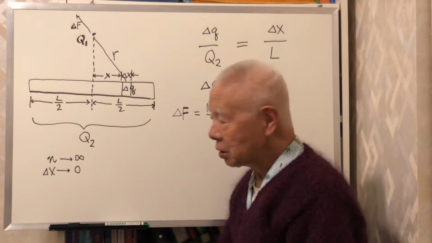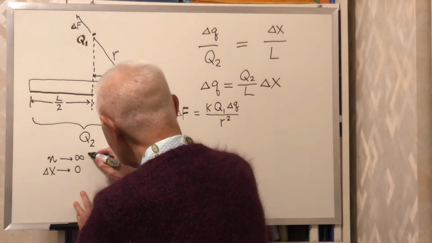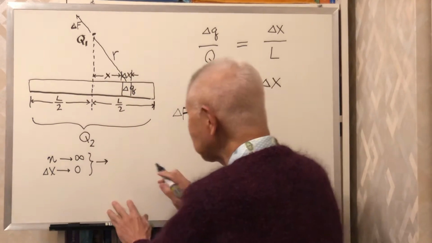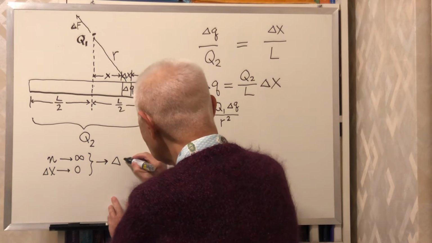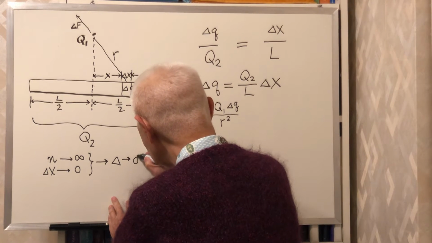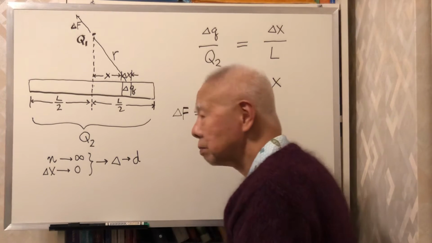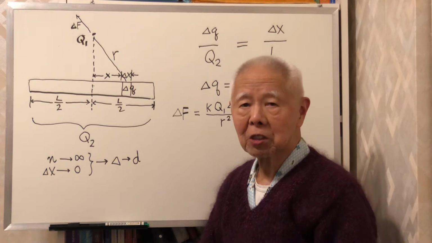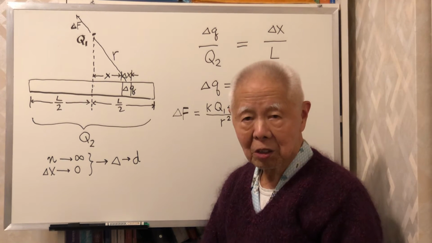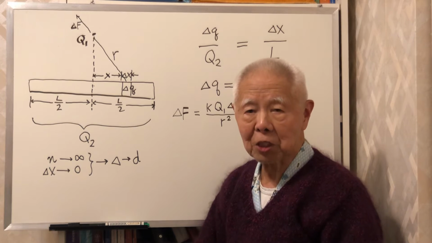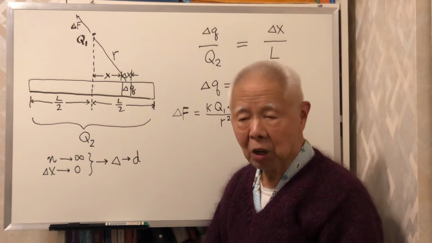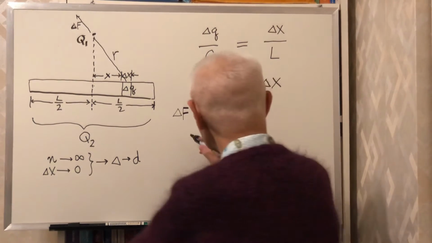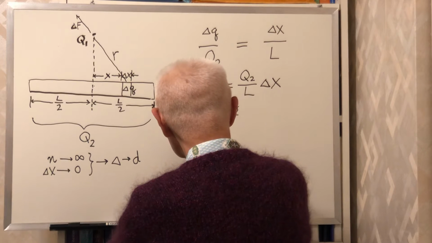If we do this, then the label delta becomes d. In the limit, N goes to infinity, which also means delta x becomes 0. In that limit, the delta can be written as d. So we change delta to d.